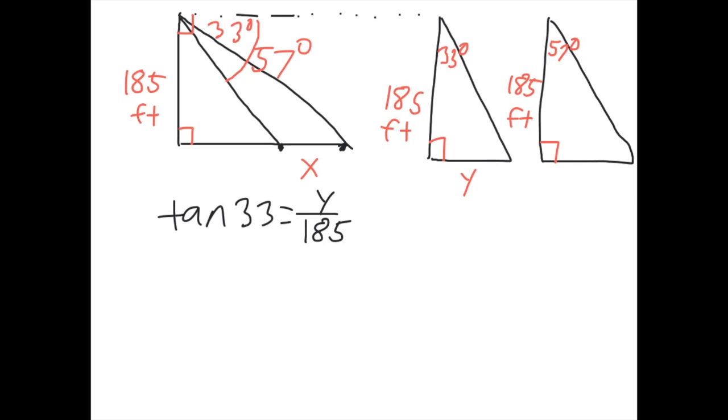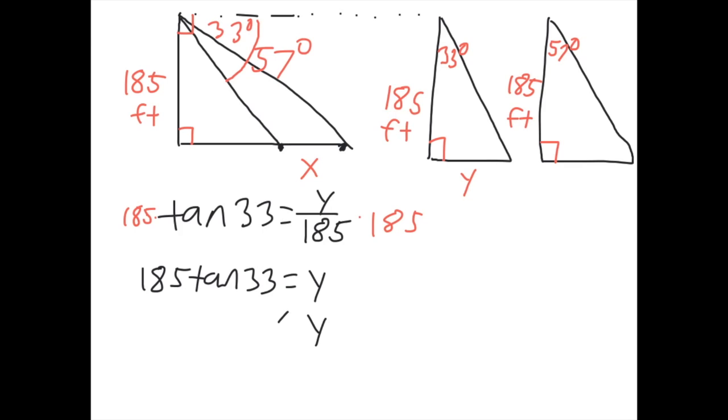So multiply both sides by 185, and that'll give us that 185 times the tangent of 33 equals y. So y equals about, and let's round to the nearest 4 decimal points to be safe, 120.1404.